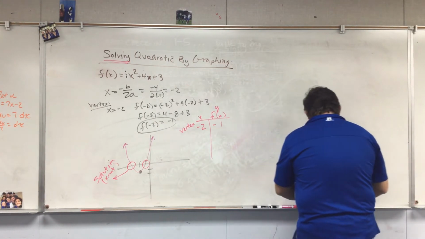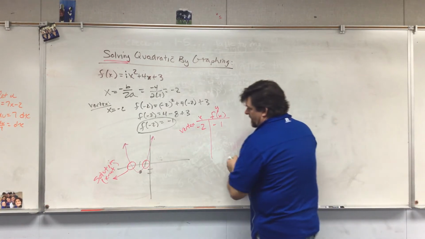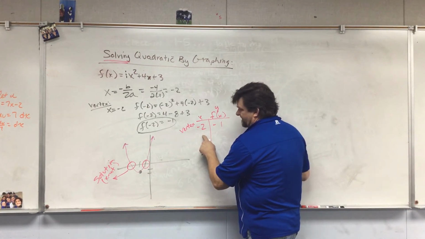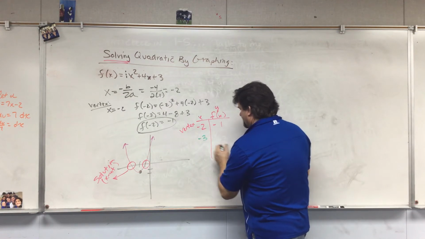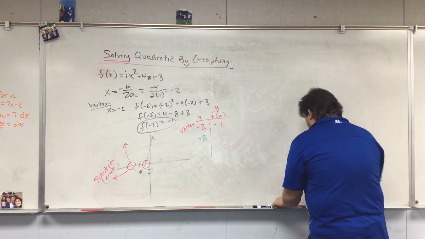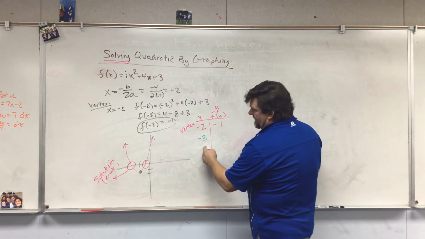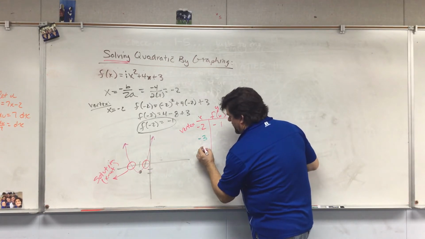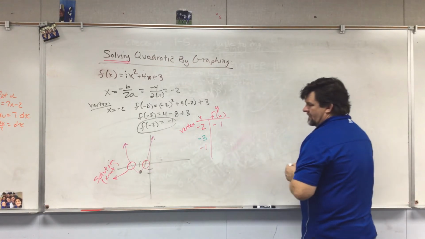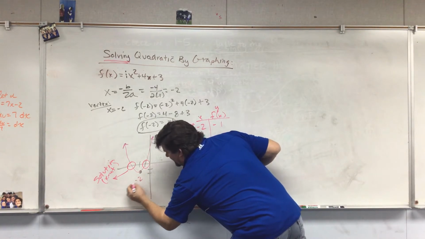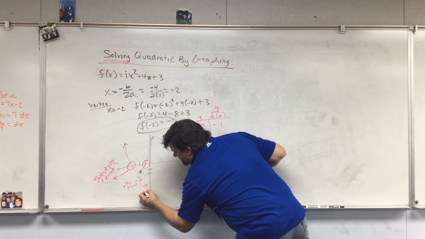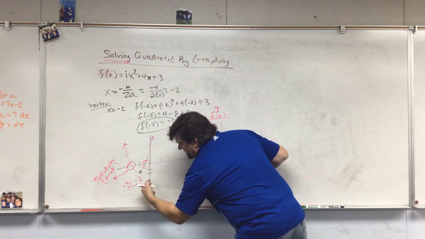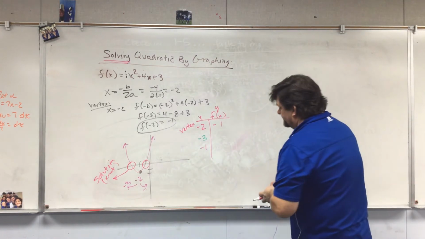Then I'm going to pick a number on the left of negative 2, which is negative 3, and another number on the right, which is negative 1. So I go to the left and the right.